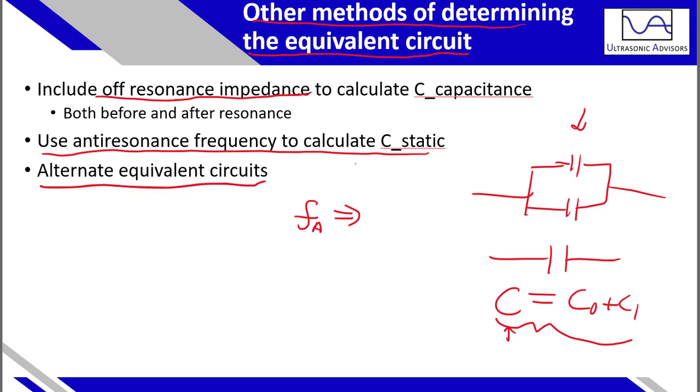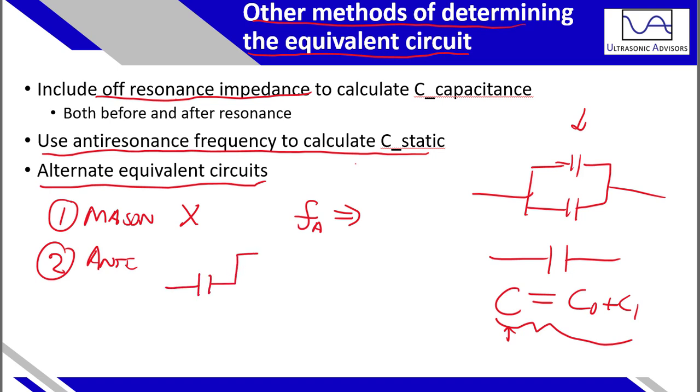There are also alternate equivalent circuits. One of them, namely what's called the Mason's equivalent circuit, uses transformers to describe the electromechanical coupling. You can also use an anti-resonant focused circuit, which instead of having an LCR circuit in parallel with a capacitor, has a parallel LCR circuit in series with a capacitor, highlighting the anti-resonance operation.